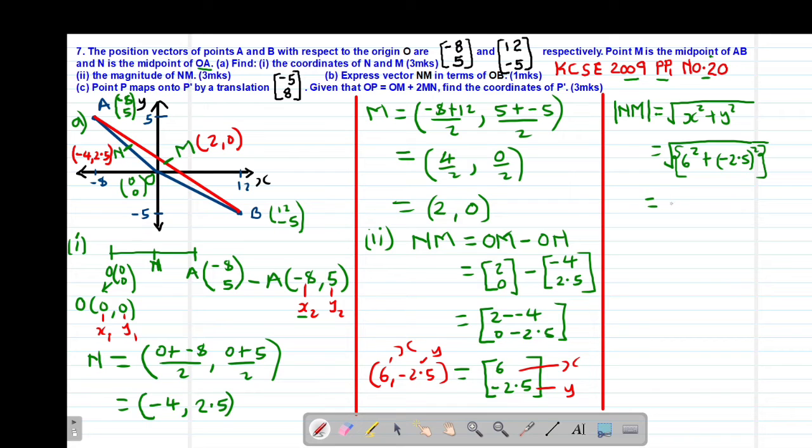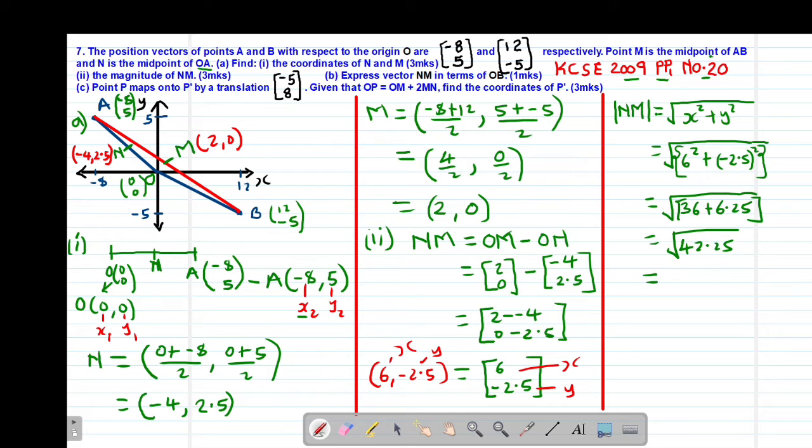So this will be equal to the square root of 6 squared, which is 36, plus negative 2.5 squared, which is 6.25. So this will be the square root of 36 plus 6.25. I'm going to get 42.25.